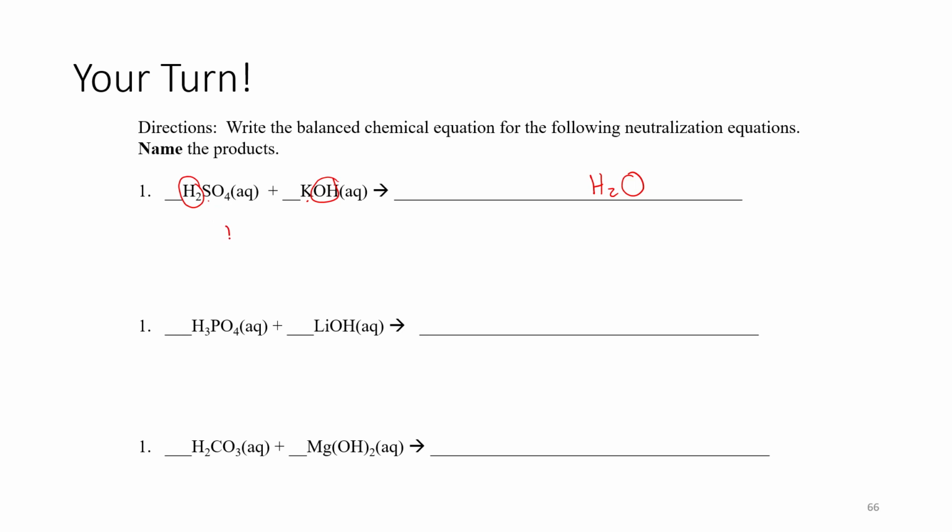So when we combine potassium, which has a +1 charge, with sulfate, SO4, which has a 2- charge, and we flip down the charges, this becomes K2SO4.